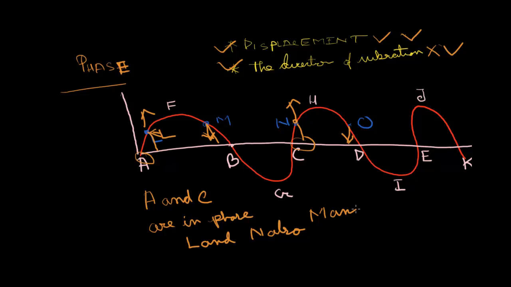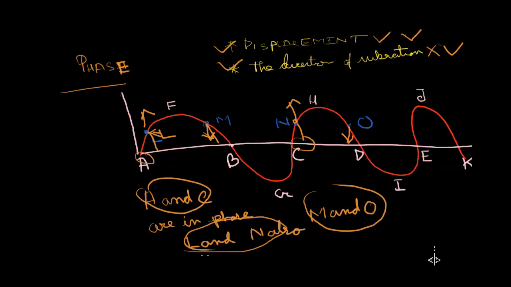So M and O are in phase, A and C are in phase, L and N are in phase. So what are we going to do with the points in phase?